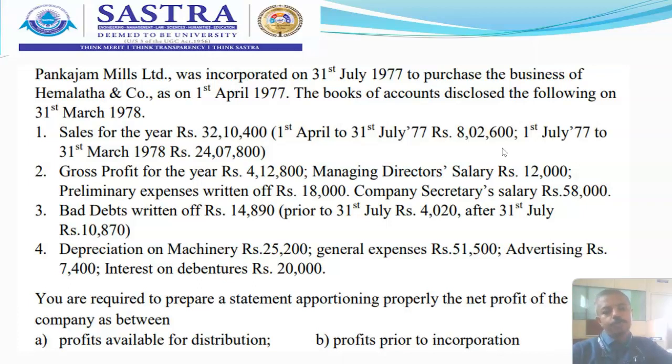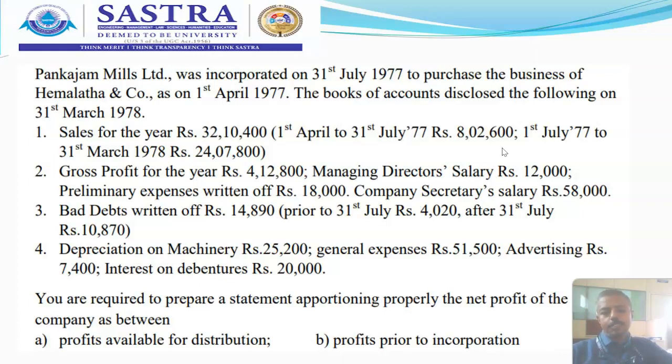That is 4,12,800, and if you divide that into pre-incorporation and post-incorporation period based on sales ratio, that means 1/4 and 3/4. 1/4 for pre-incorporation period and 3/4 for post-incorporation period. 1/4 of 4,12,800, you will get 1,03,200, which has to be apportioned to pre-incorporation period, and then the balance.